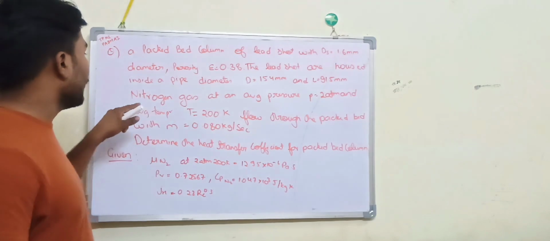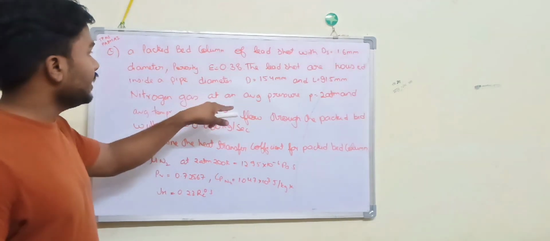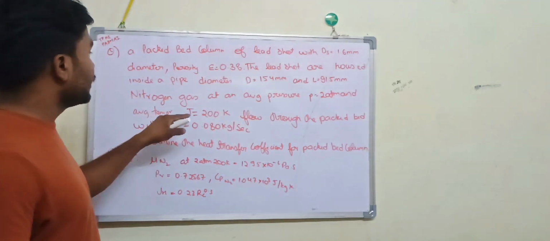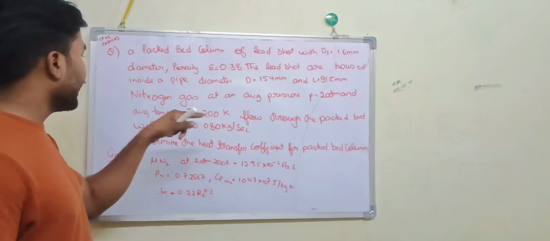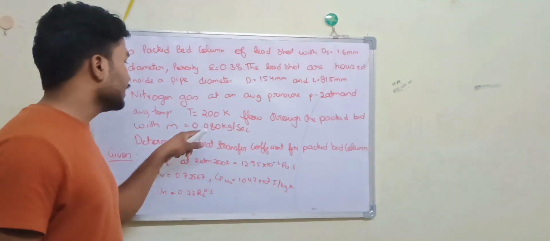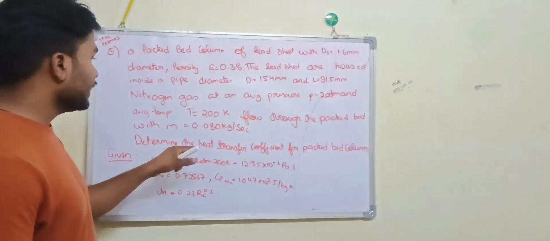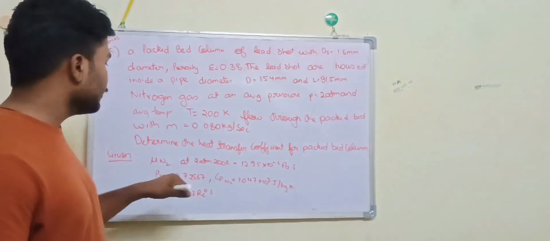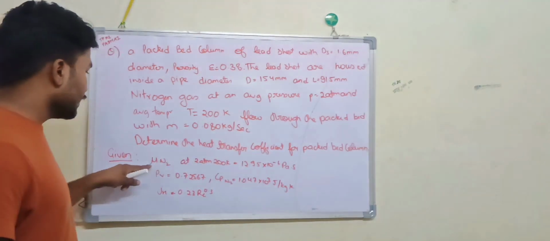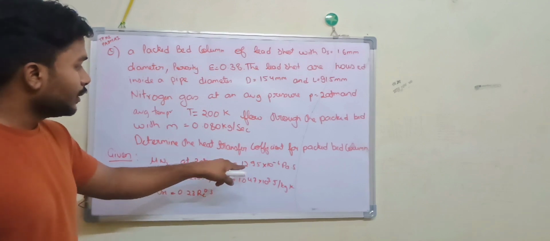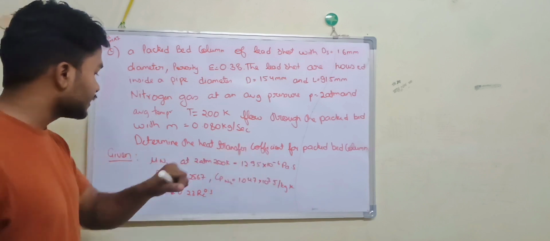So what is happening? Nitrogen gas at an average pressure P equals 2 atmospheres and average temperature 200 Kelvin flows through the packed bed with mass flow rate 0.080 kg per second. Determine the heat transfer coefficient for the packed bed column. Given values are mu of N2 at this given temperature and pressure is 12.95 times 10 to the minus 6 Pascal second.